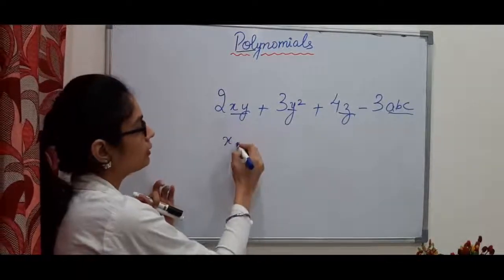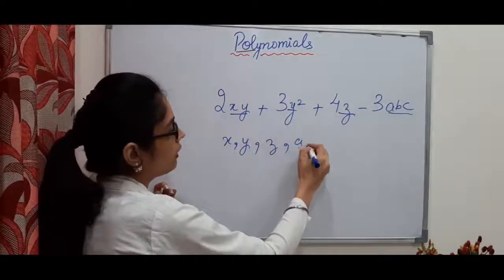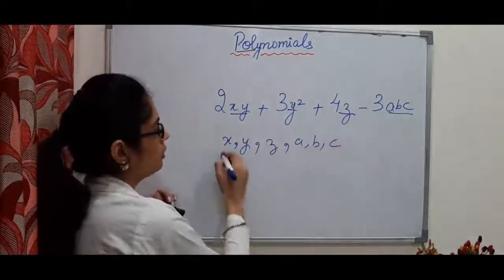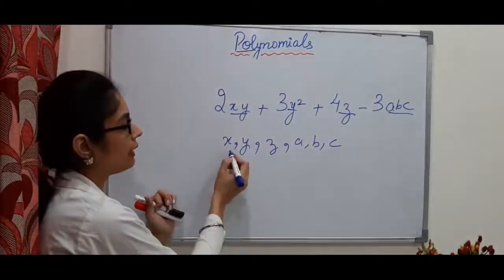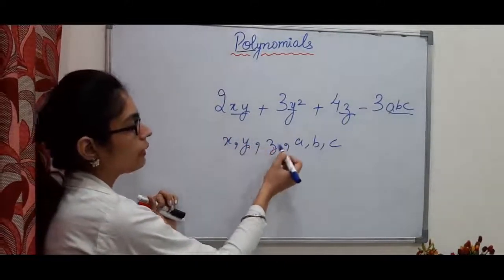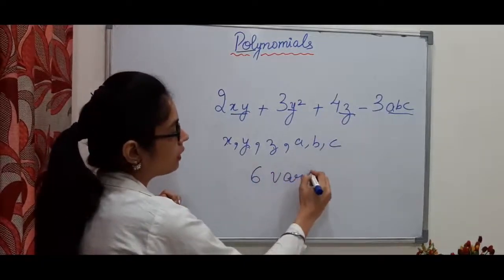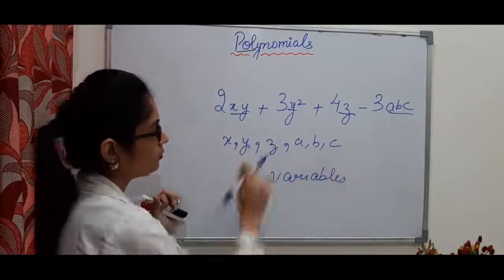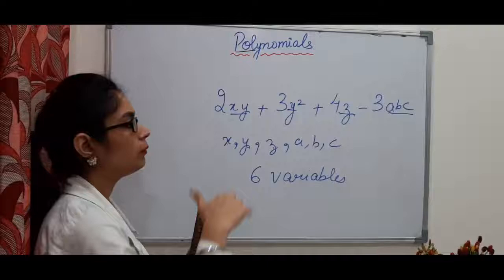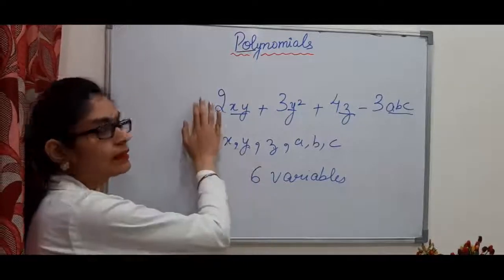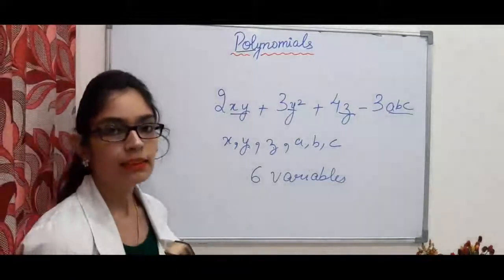I have x as my variable, y is also there, then I have z also, I have a and b and c also. So in this one polynomial I have 1, 2, 3, 4, 5, 6. I have 6 variables in this polynomial. So you have to count the variables, and this polynomial has 6 variables, so it is a polynomial in 6 variables.